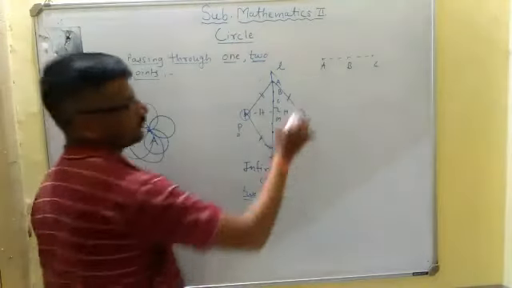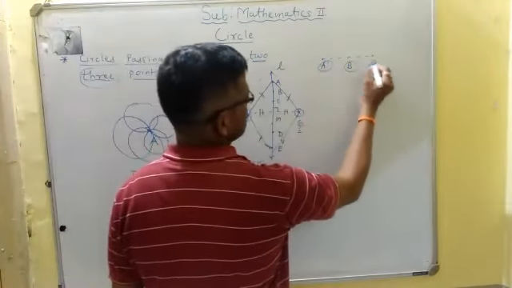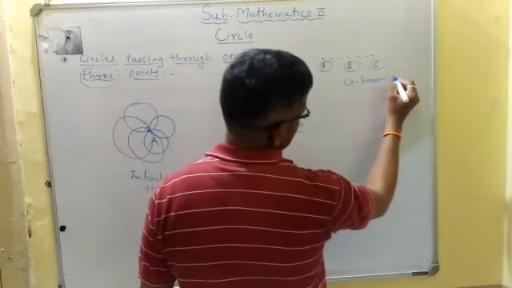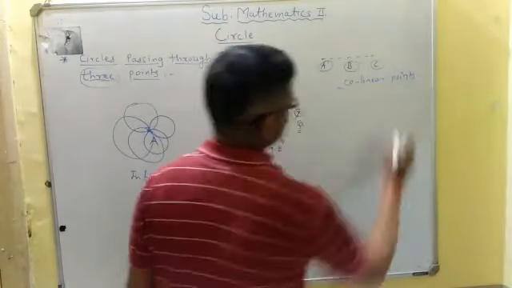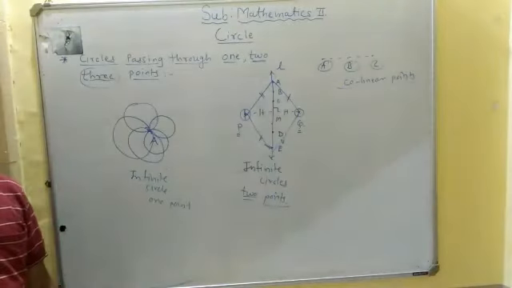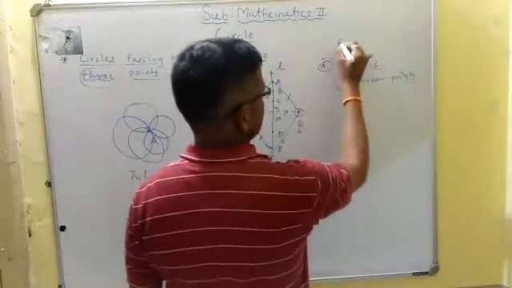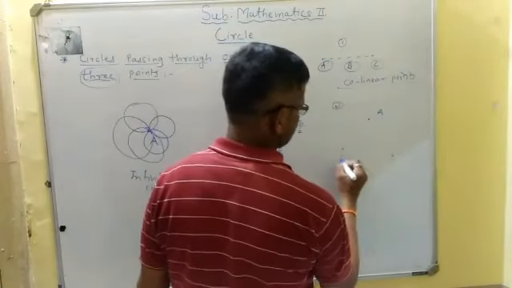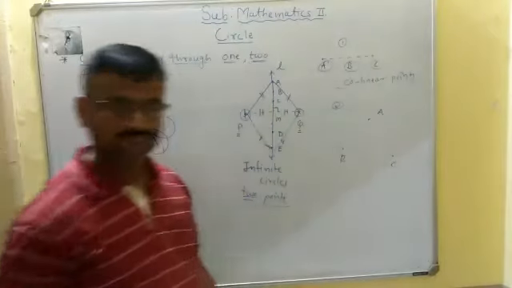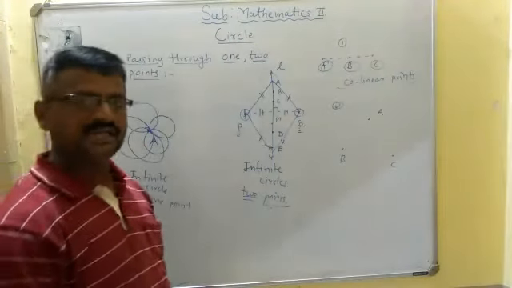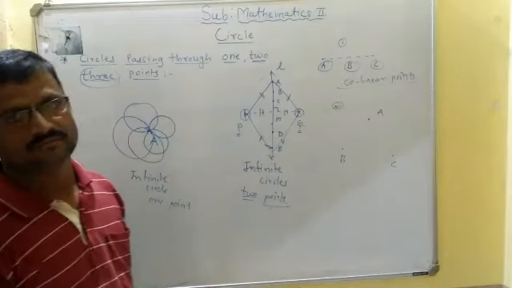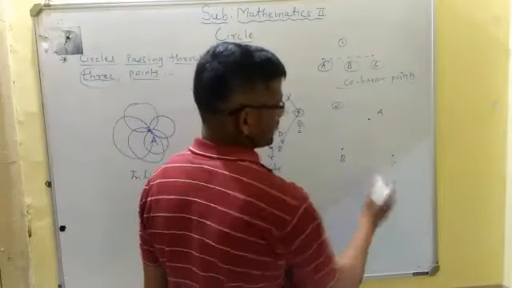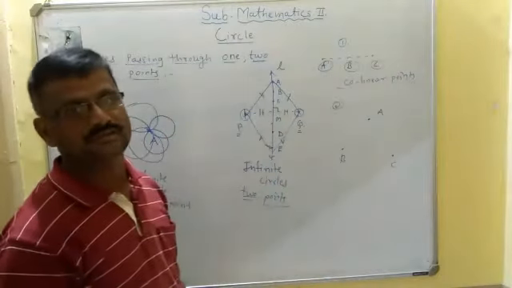There is no circle passing through those points A, B, C, which are collinear. And in the second case, if we take three non-collinear points A, B, C, then what happens? We learned in the previous standard, that means in the ninth standard. If we take three non-collinear points, then how many circles pass through them?